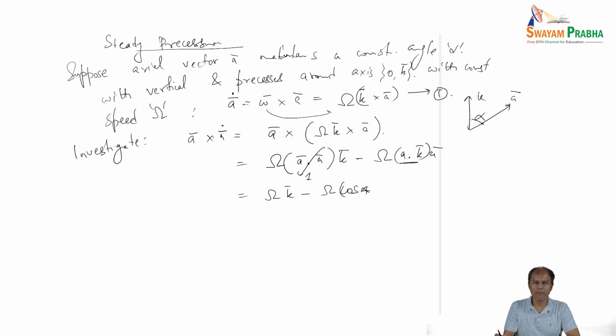So this is going to be omega cos alpha times A. So this is my A cross A dot.